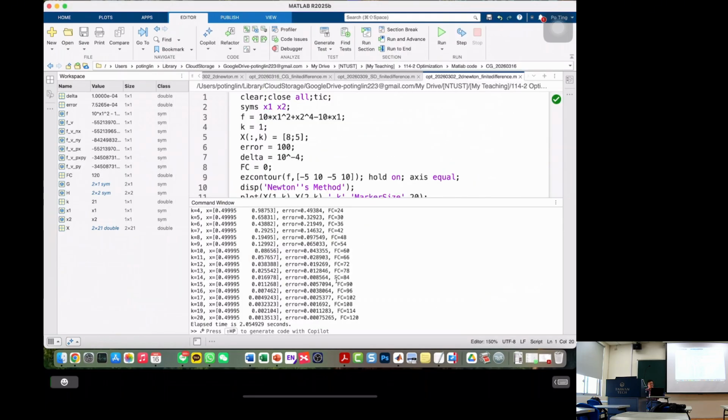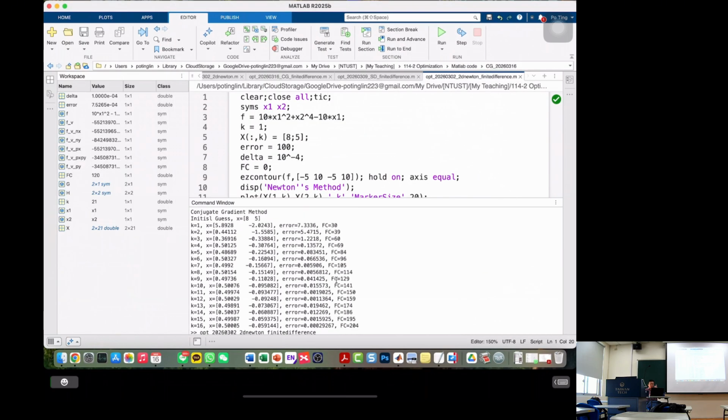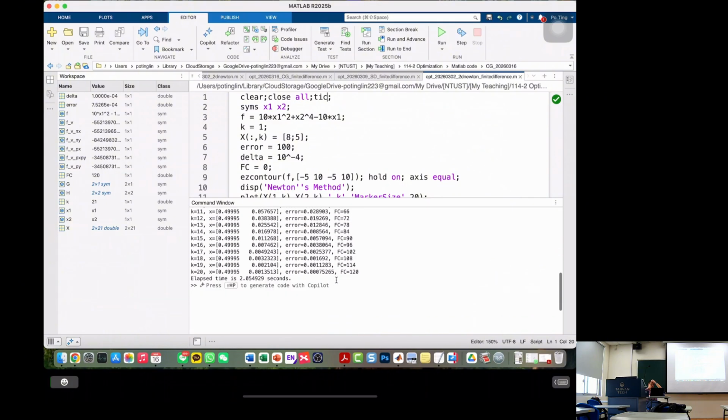So this is conjugate gradient. 2 seconds, but with graphics. MATLAB took some time for drawing.